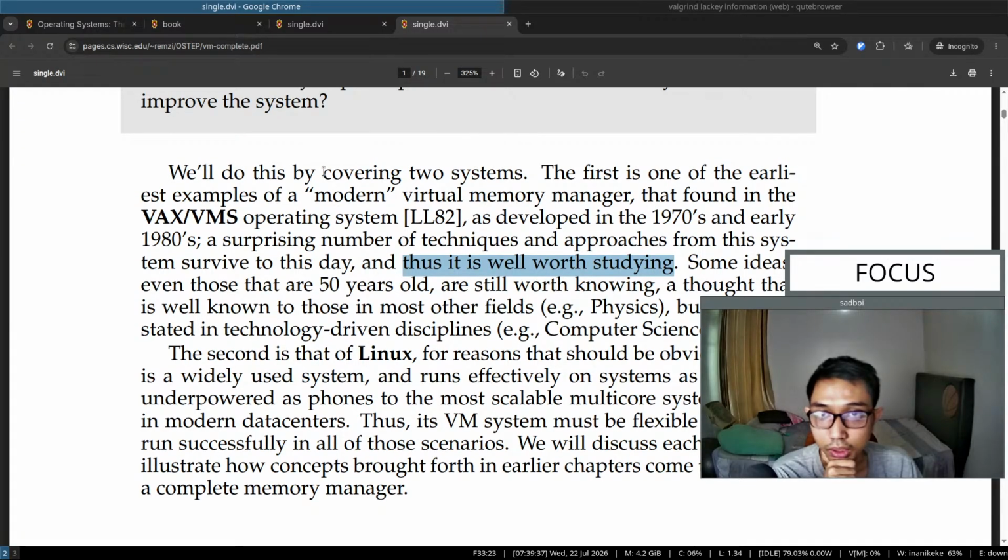Okay, we will be covering two systems, I guess. The first one is the earliest example of a modern virtual memory manager, in the VAX/VMS operating system, developed in the 1970s and early 1980s.